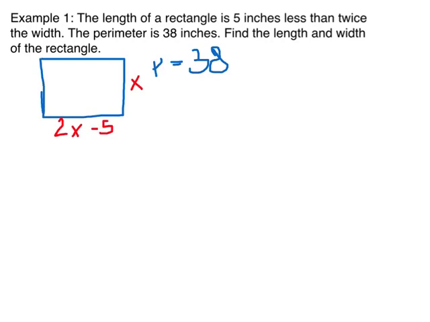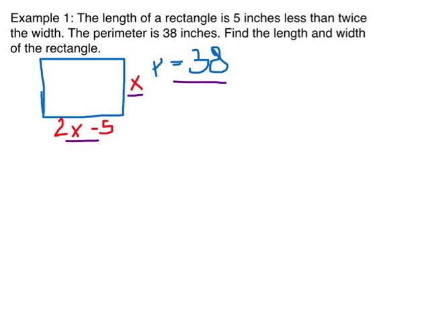Now we can do step 3, and what we need to do is write an equation. So what is the information that we have, and how does it relate? We have the length and the width, and we know what the perimeter is. Do we know an equation that relates length and width in terms of perimeter?